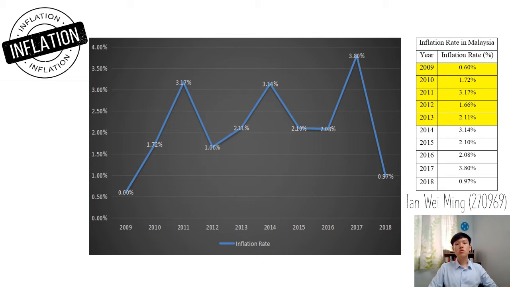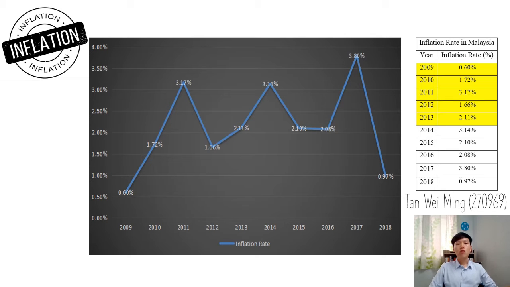So the government started to realize, okay, the inflation issue is serious. Then to solve the issue, the government started to implement the contractionary fiscal policy, which is decreasing the government expenditure and increasing the taxes starting year 2011. Then we can see from the graph that the inflation rate started to decline from year 2011 until year 2013.